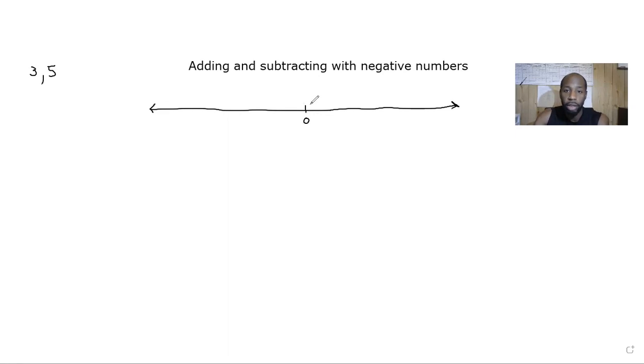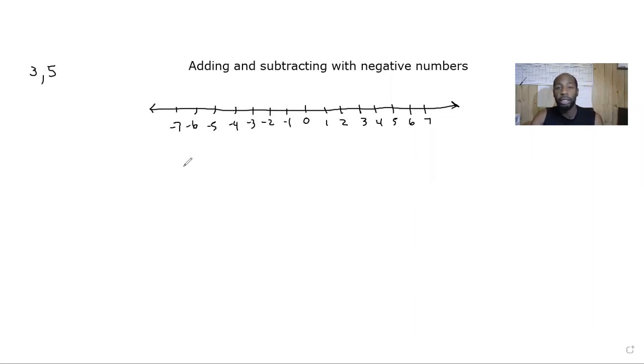To the right of 0 are your positive numbers: 1, 2, 3, 4, 5, 6, 7. To the left of 0 are negative numbers: -1, -2, -3, -4, -5, -6, -7.